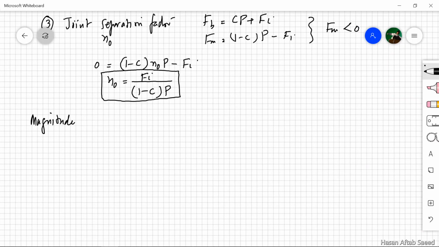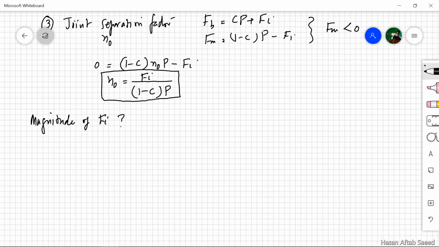Obviously, these factors of safety, they tell us about load P, what kind of P we will apply, and the whole thing becomes problematic, for example, it yields or joint separation takes place. But what about magnitude of FI? What sort of FI should we put on a joint first? Because P will be applied later on.